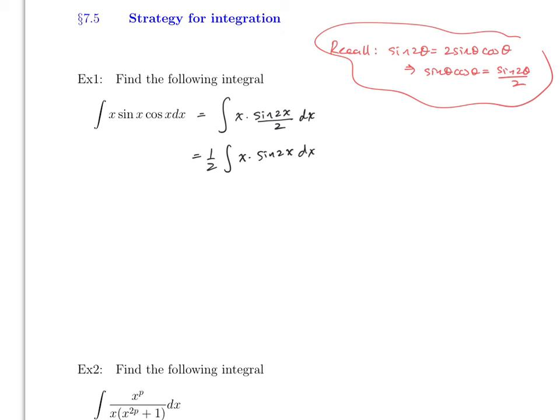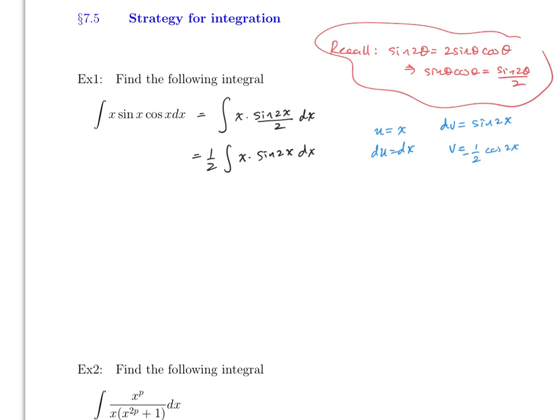Notice that for something like this, the obvious method to use will be integration by parts. So u will be x, dv will be sine 2x, so du will be dx, and v will be 1/2 cosine 2x.